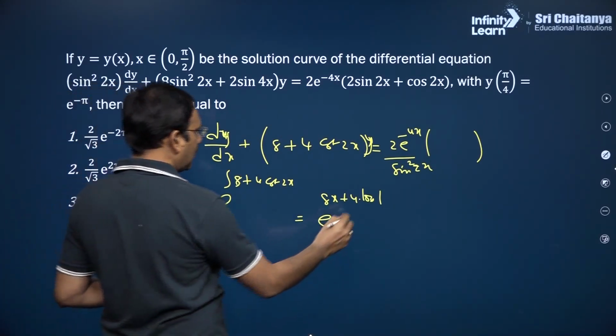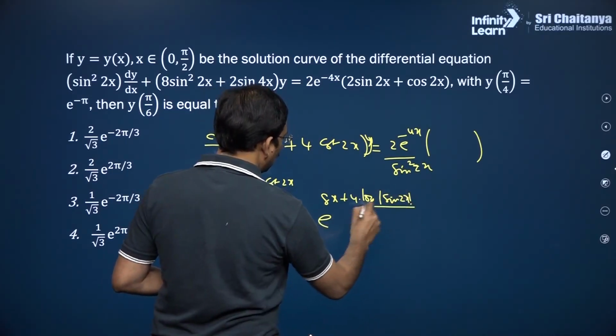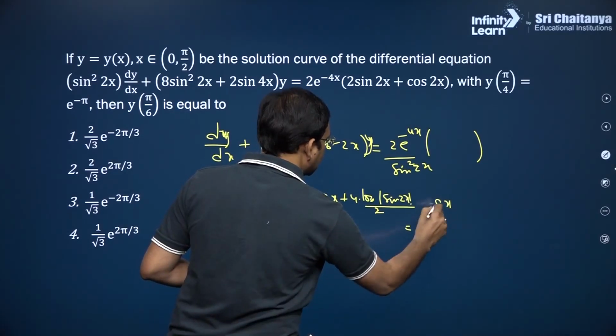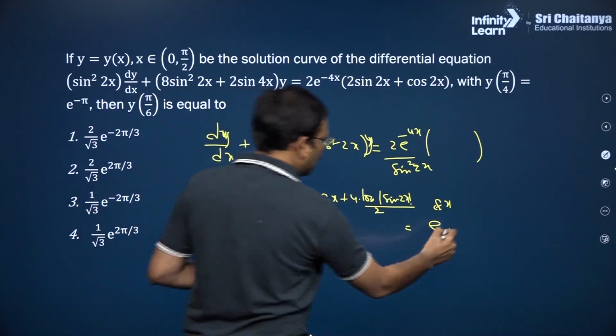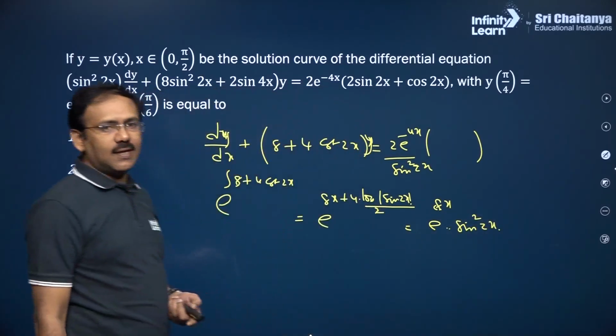You can write log mod sin 2x by 2, my dear friends, which is e power 8x into this 2 will be there into e power sin square 2x. This is going to be the integrating factor.